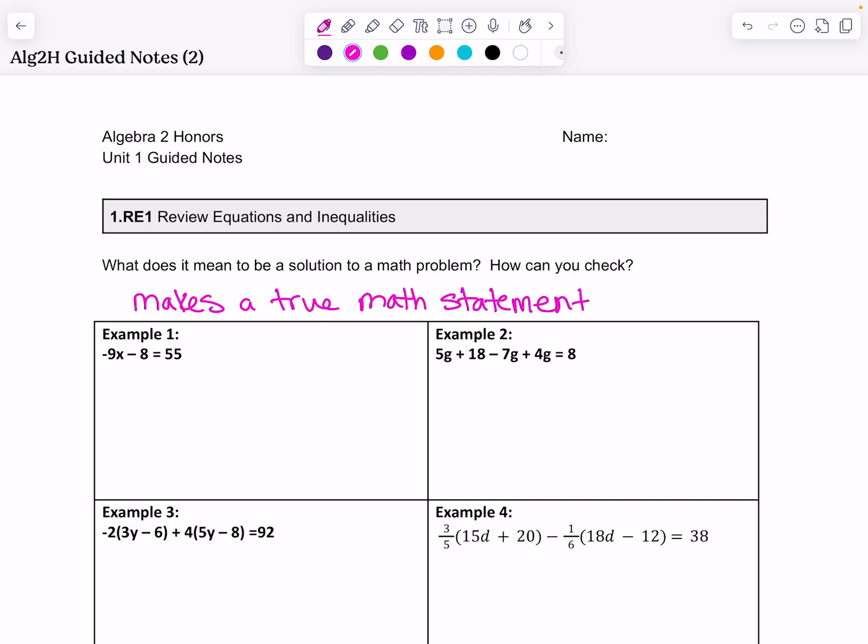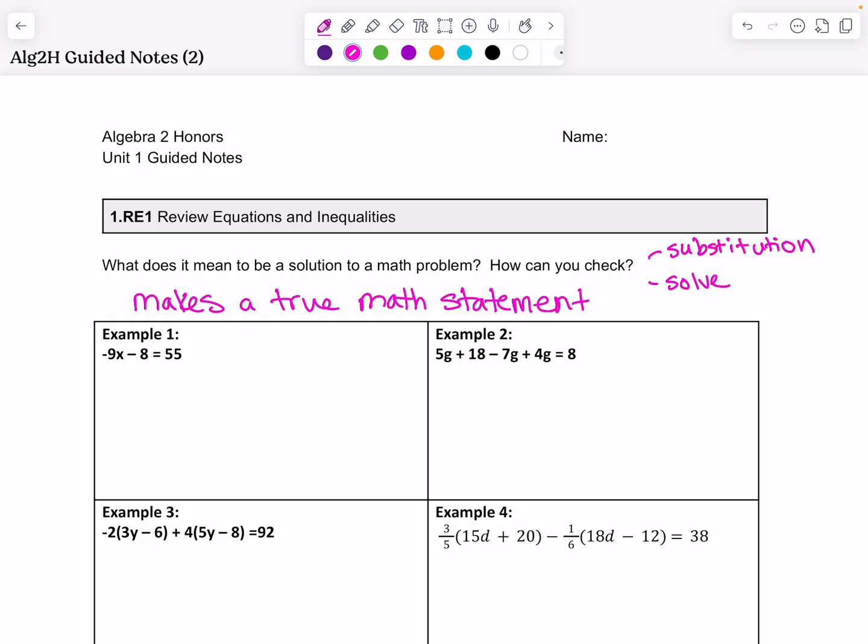So you can check by substituting the solution in and making sure it makes a true math statement, or you can solve it. Like in example 1, if it said x equals 4, you could solve it and make sure you got the same thing.